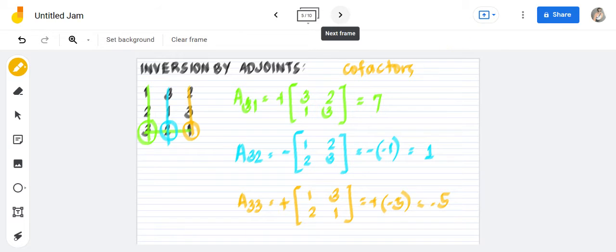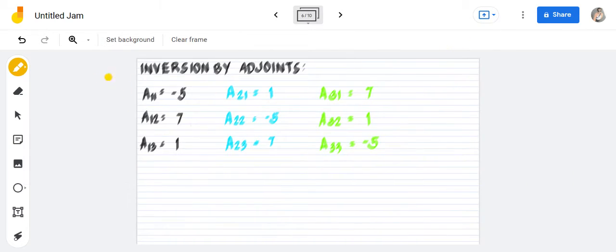So from all the values of our cofactors, we can now write our matrix. These are our computed values. Our cofactor matrix will now look like this: negative 5, 7, 1; 1, negative 5, 7; 7, 1, negative 5.